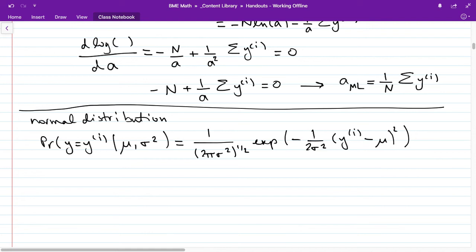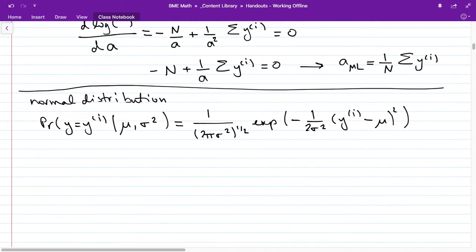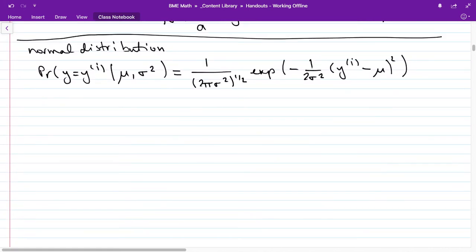What I want to know is the maximum likelihood of my parameter mu and my variance sigma squared, given that I have some data, y's that I've seen, that I want to fit. So we're going to write the likelihood of the parameter mu and the parameter sigma squared. That likelihood is going to be the joint probability of every one of my data points, so the multiplication of my probabilities.